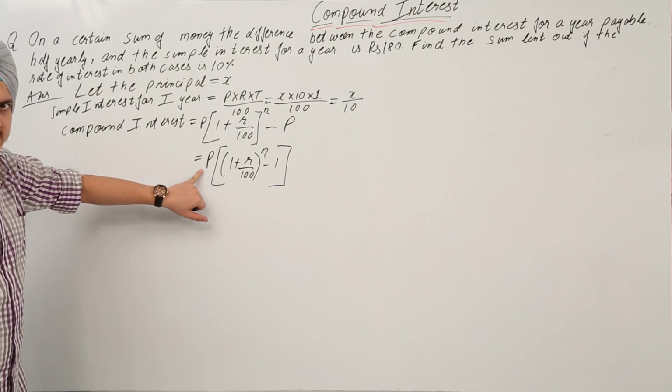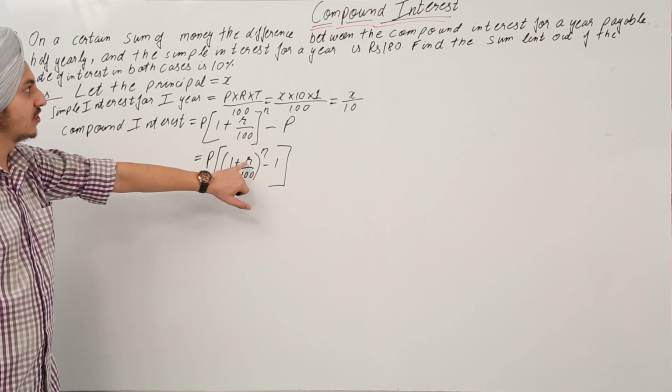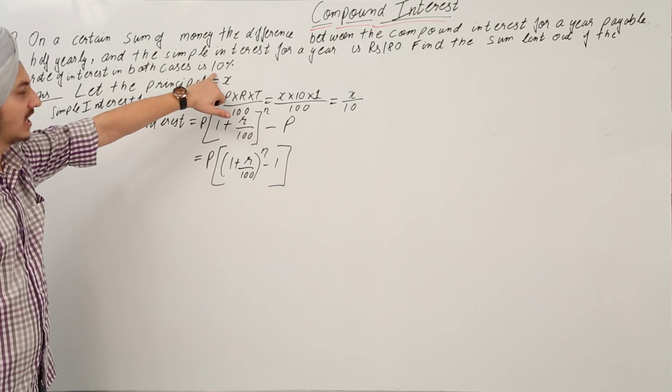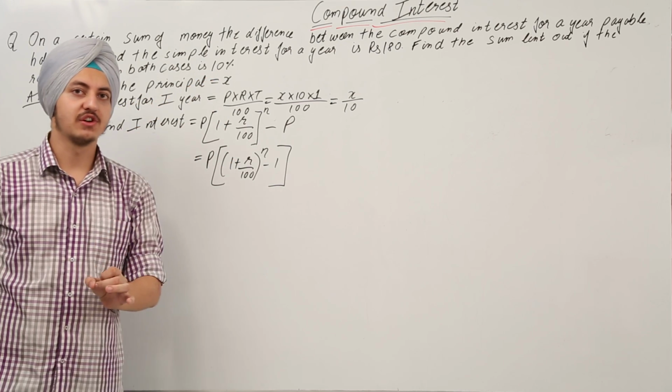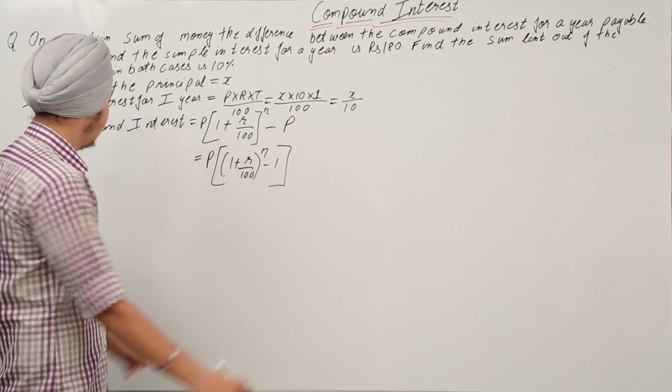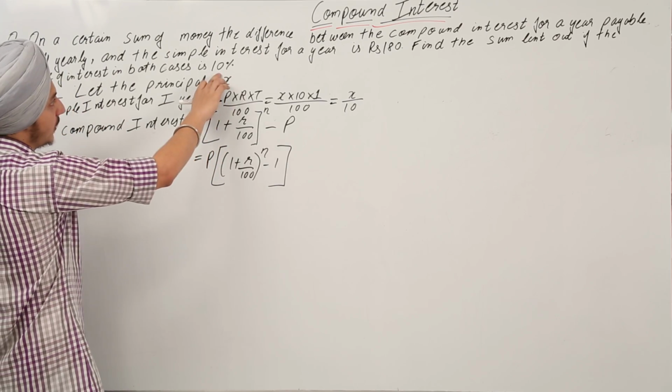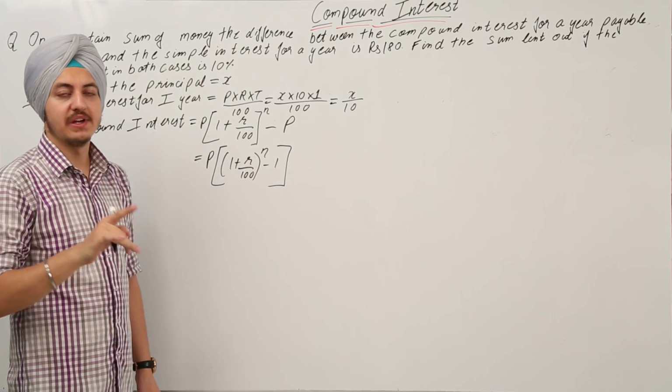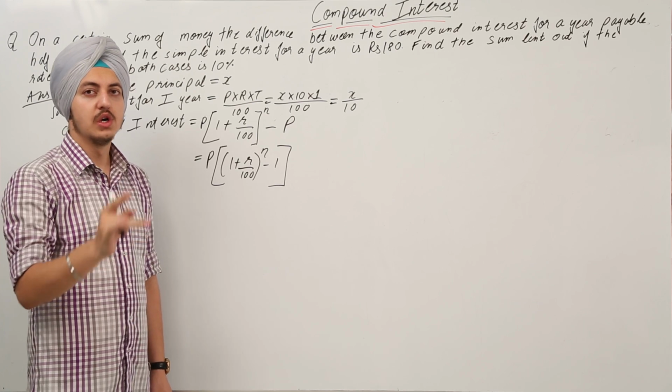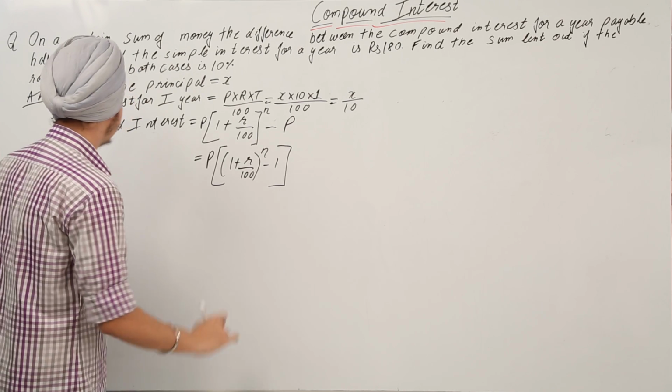We know the principal, that is x. The rate of interest per annum is 10%. So what will be the rate of interest half yearly? It will be 10 divided by the number of conversion periods in 1 year, that is 2. So we have rate of interest as 5%.